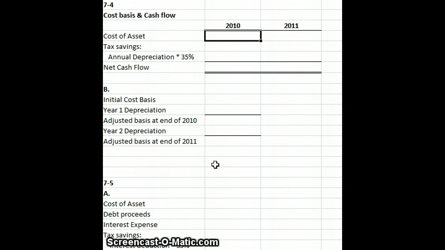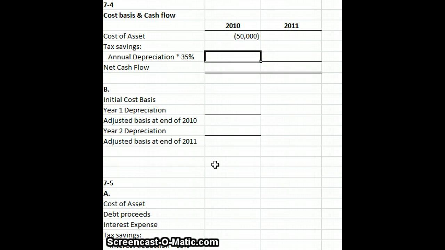So to start off, we're going to figure out our cash flow attributable to the purchase. In 2010, obviously the cost of the asset is going to be a cash outflow.